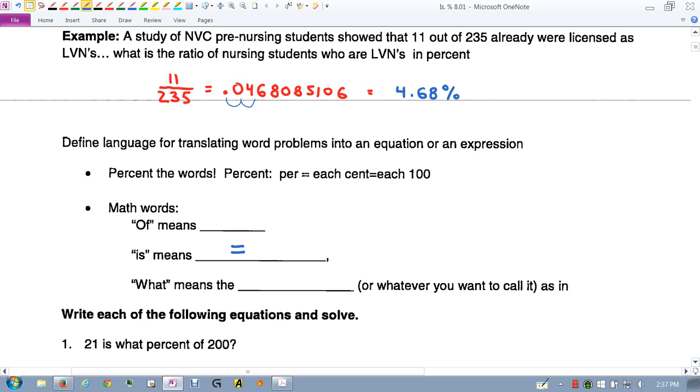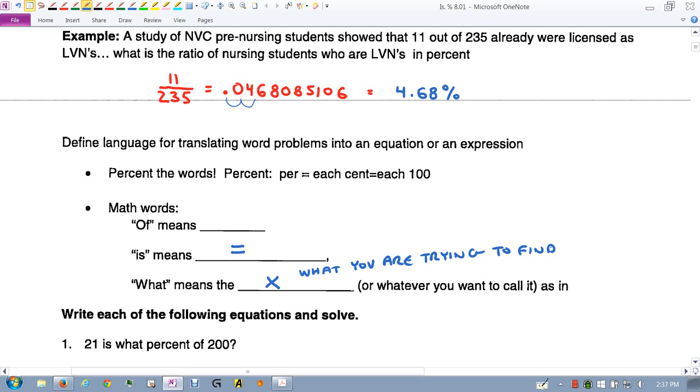What means what? It's the thing you want to find, right? Like, what is the ratio of nurses at NVC? What is the quantity you're trying to find? This is usually represented by a variable which we'll call x. Yes, this is what you're looking for. You could use any letter you want, really.